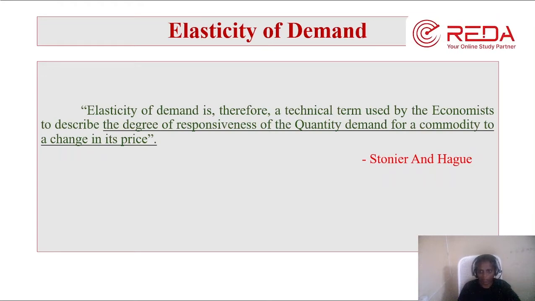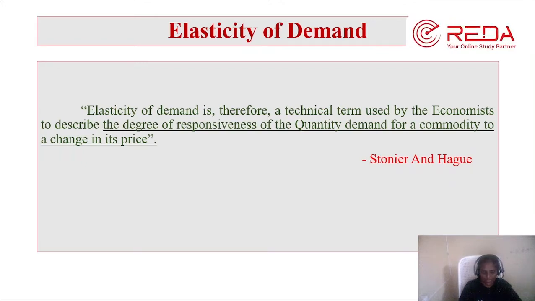It will be very elastic, like any rubber thing, when you stretch it. When one person stretches it on both sides, the level of stretch keeps on extending. Likewise, what happens to the demand curve when this shift happens?